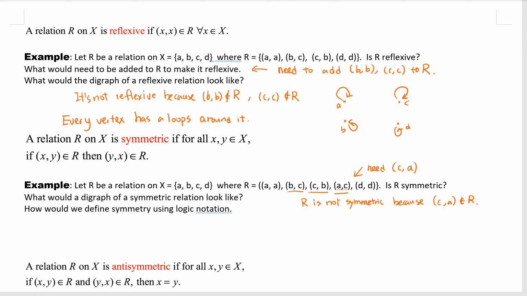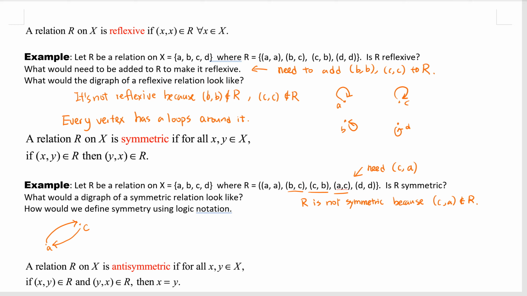What would a diagram of a symmetric relation look like? If we have A here and C here, and we have AC, then we should have CA.